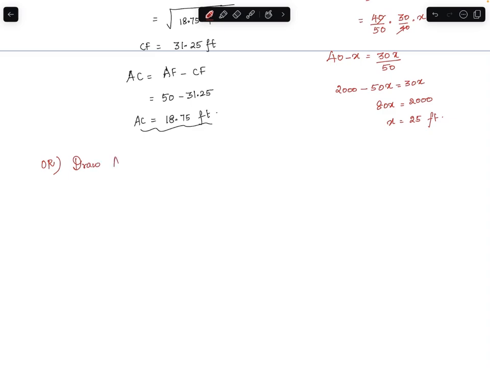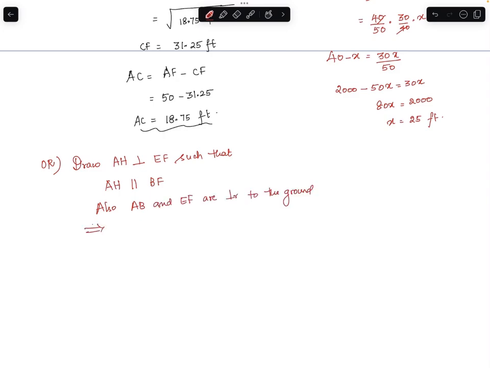Draw AH perpendicular to EF such that AH is parallel to BF. Also, AB and EF are perpendicular to the ground.